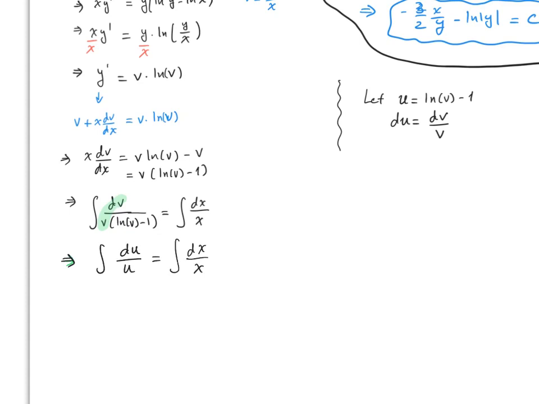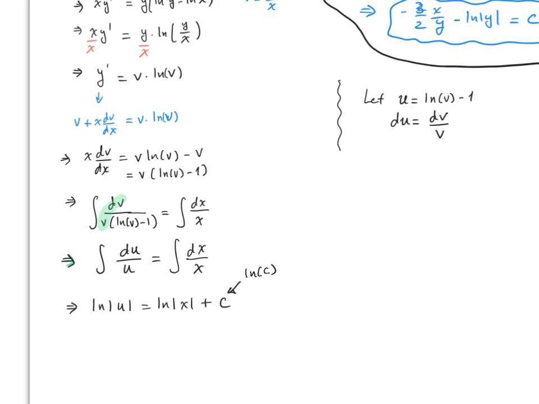So therefore in this particular case the left side will be ln of u equals ln of x plus c. Now, to make our life easier for this particular example, remember, since c is just a constant, then ln of c is also a constant.